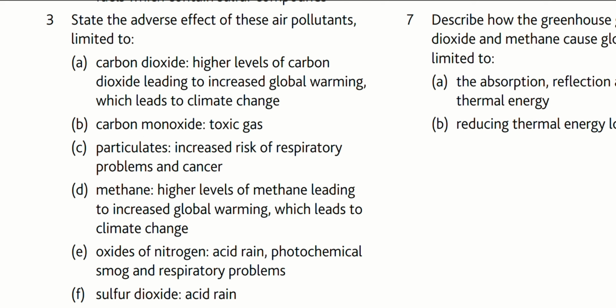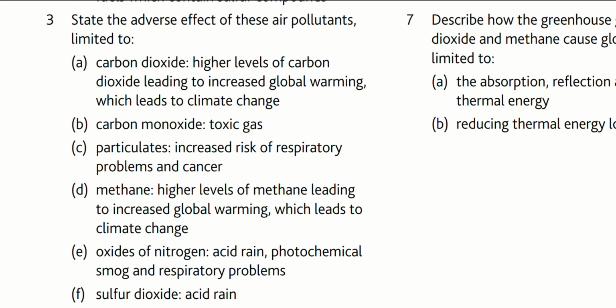Now, there are adverse effects of these air pollutants. For carbon dioxide, high levels lead to increased global warming, which leads to climate change eventually. Carbon monoxide is a toxic gas. Particulates increase the risk of respiratory problems and can possibly cause cancer.